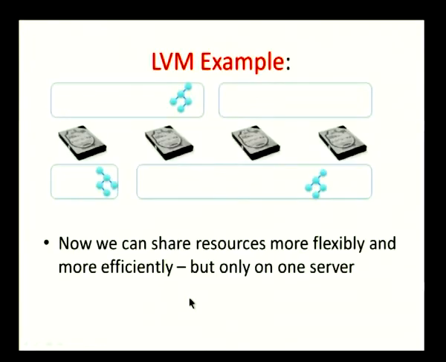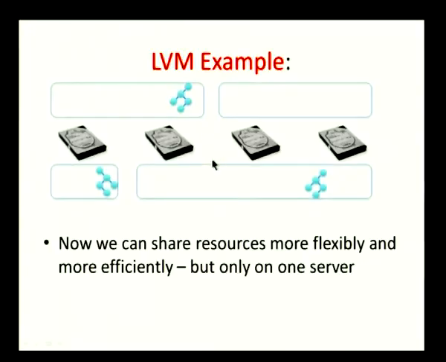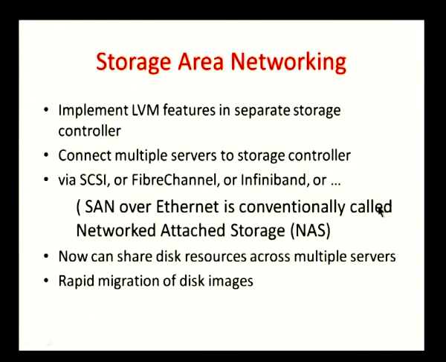So, with LVM we can share resources more flexibly and more efficiently. It is not necessary to consider a single server alone. You can consider different servers, take the hard disk capacity from all of them, and use LVM to virtualize it.